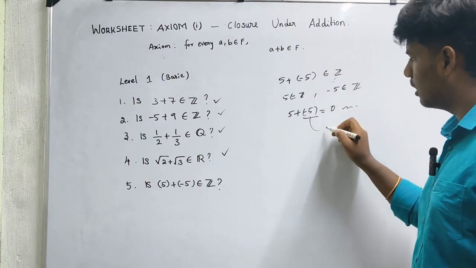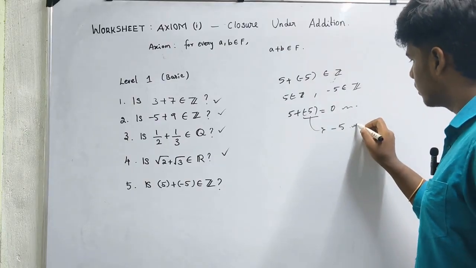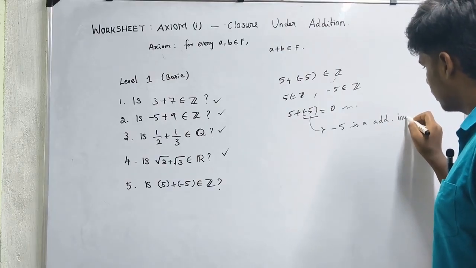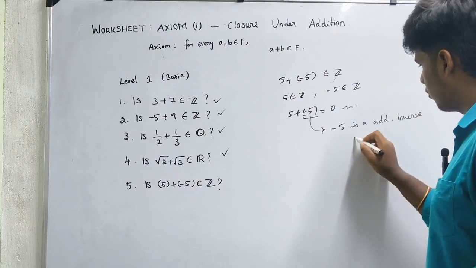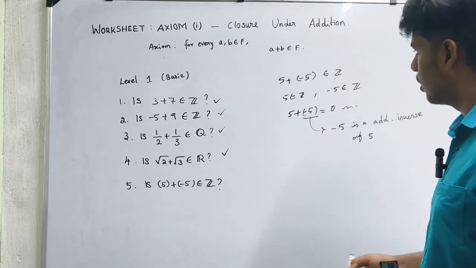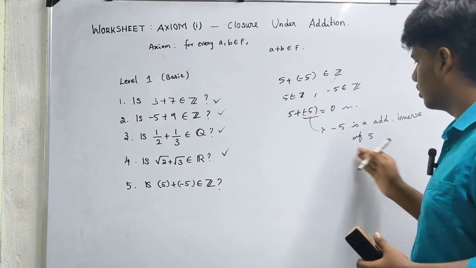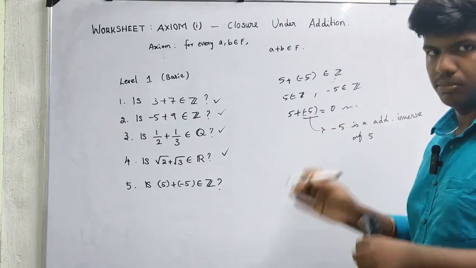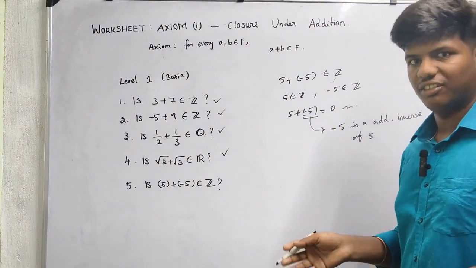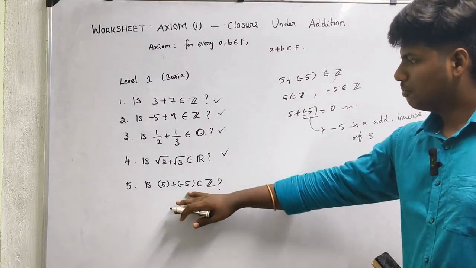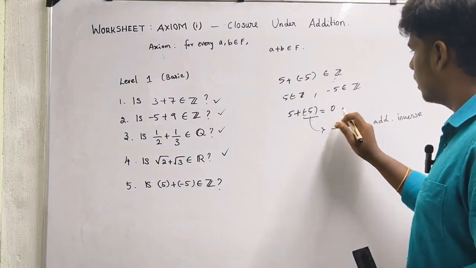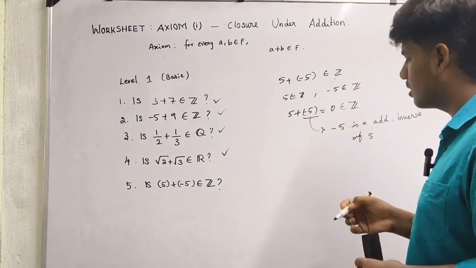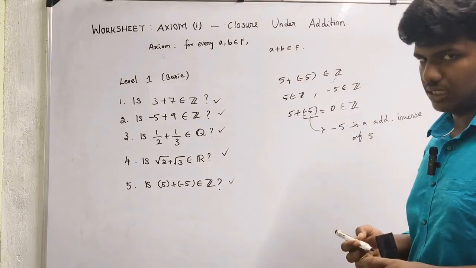Here minus 5 is the additive inverse of 5. Any number we add with its additive inverse, we get 0. 0 is also in the integers, so this is satisfied.